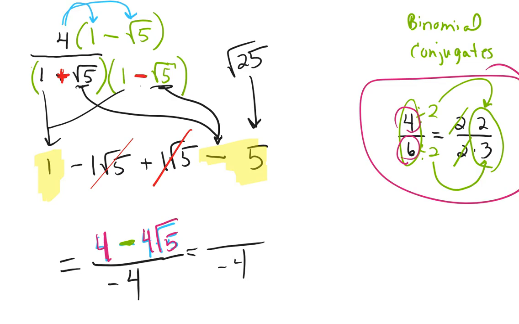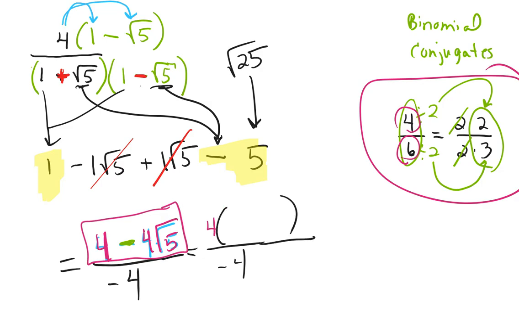When you're factoring out a greatest common factor from a binomial here, you have to look at every single term and ask, what does every single term have in common? And they all have a 4 in common. So I'm going to pull that 4 out.